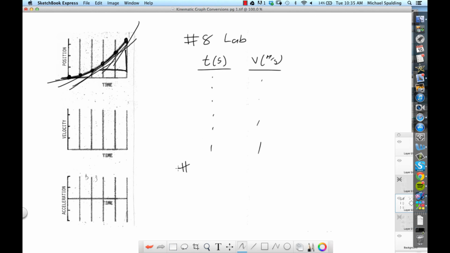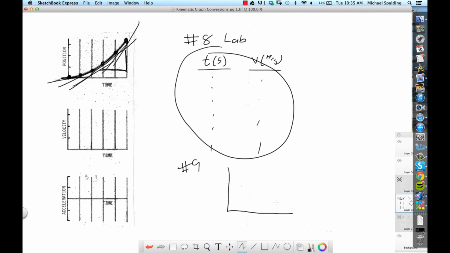Number 9 on the lab, what it wants you to do is take this data table that you created in number 8 and plot it. So you're going to have velocity on the y, time on the x, and what should the velocity time graph look like? It's going to be a straight line.